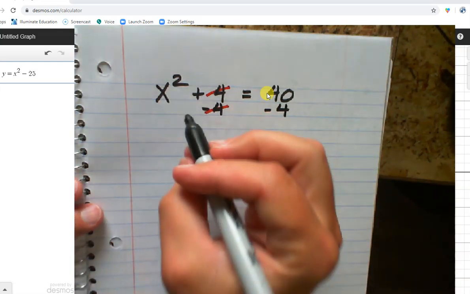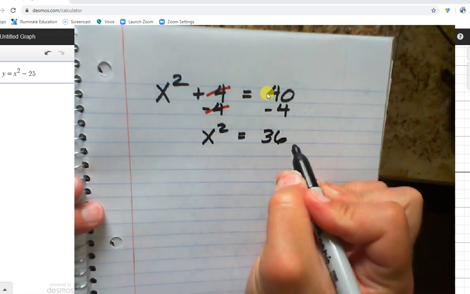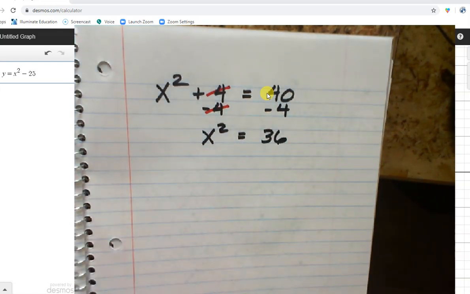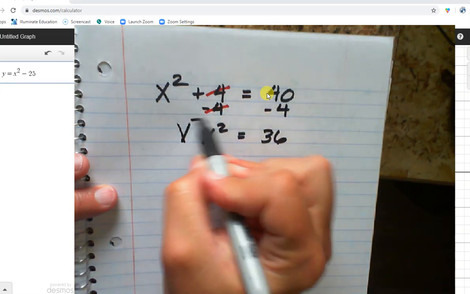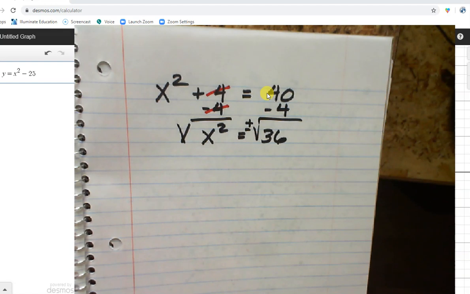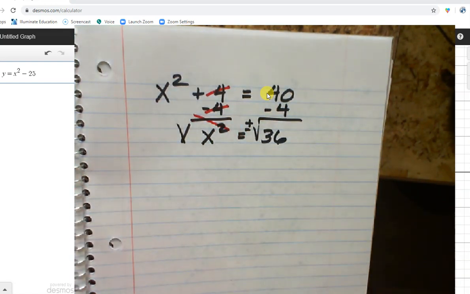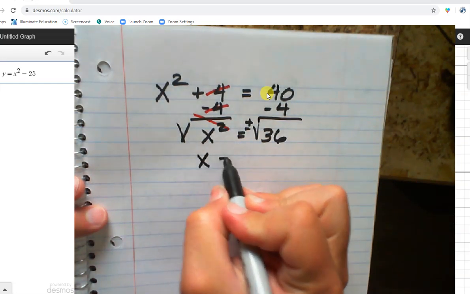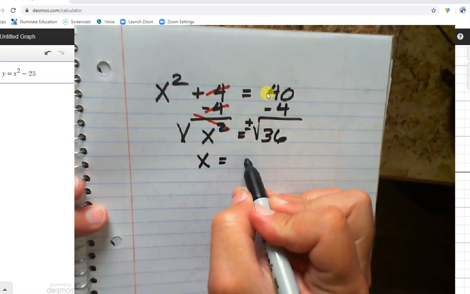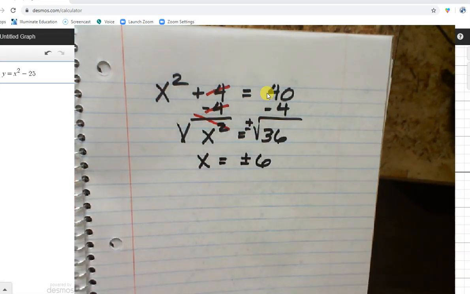X squared equals 36. At this point, I take the square root of both sides, remembering my plus and minus. The square root, killing off the square. X equals plus or minus 6.